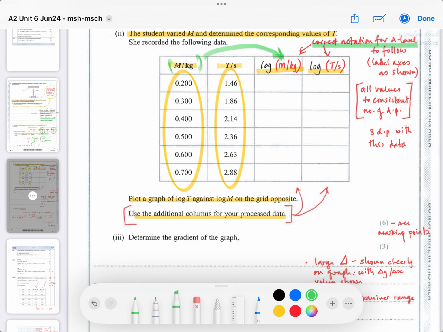You've got to put both of them in the brackets, and time period in seconds. Once you do that, you also need to use this notation when you label the axes on your graph. Okay? And then when you do your calculations, you've got to give all values to a consistent number of decimal places. That's what I always tell students. Yeah, 3 decimal places with this data. Okay?